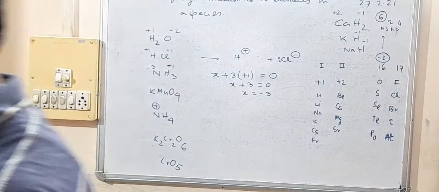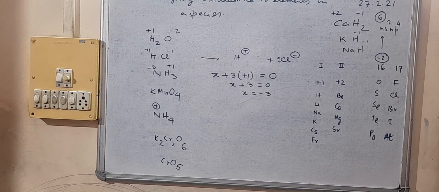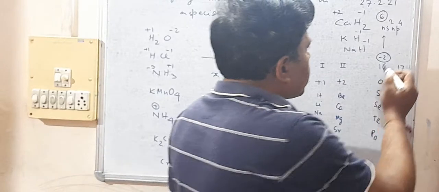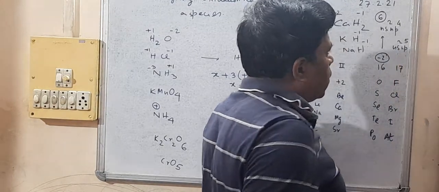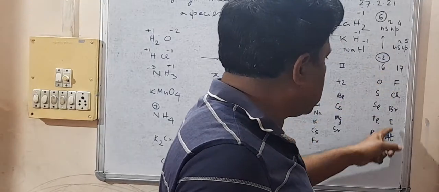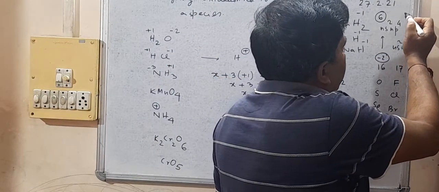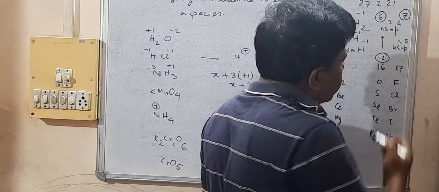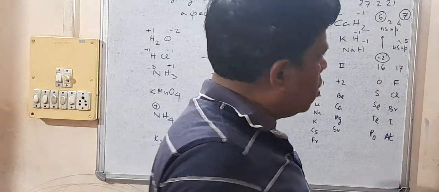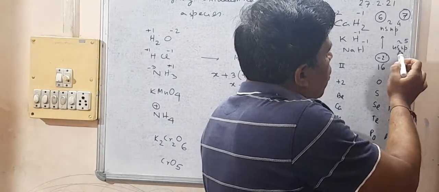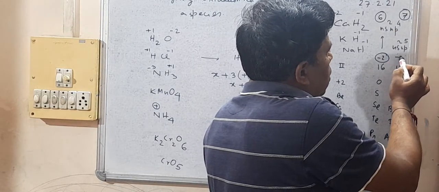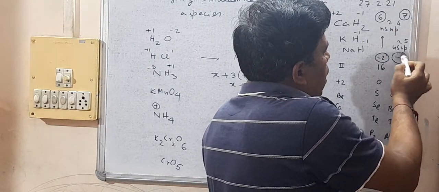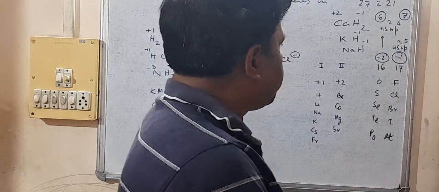Group 17 elements have the general electronic configuration ns2 np5, so they have 7 electrons in the outermost shell. So they have 8 minus 7, 1. And since they are electronegative, they have oxidation number of minus 1.